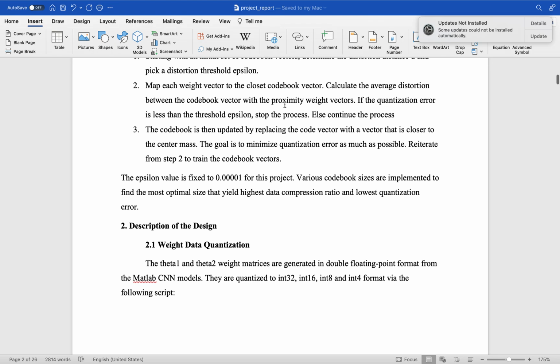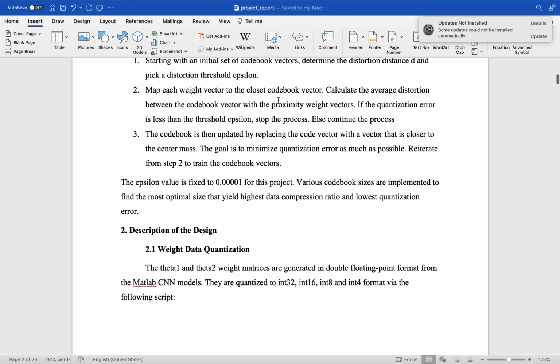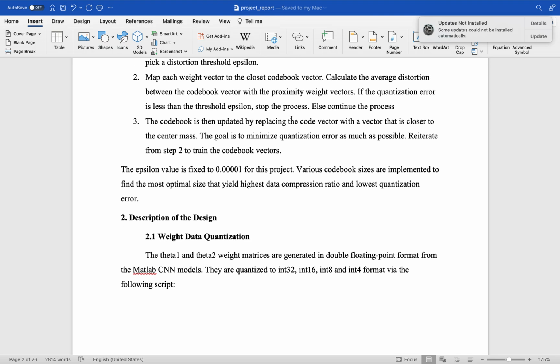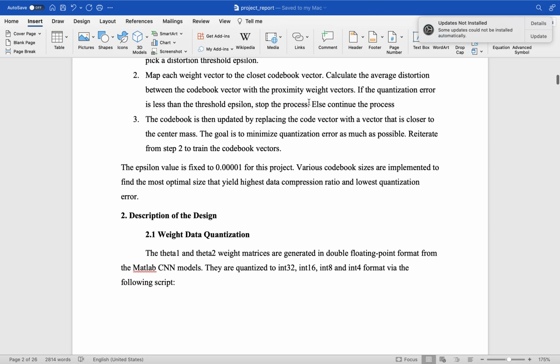Afterwards, each weight vector is mapped to the closest proximity center mass based on the average codebook vector, and the average distortion, which is the Euclidean distance between the codebook vectors and the weight vectors, is determined. This process keeps repeating until the quantization error is less than the threshold epsilon, and then the process is stopped.